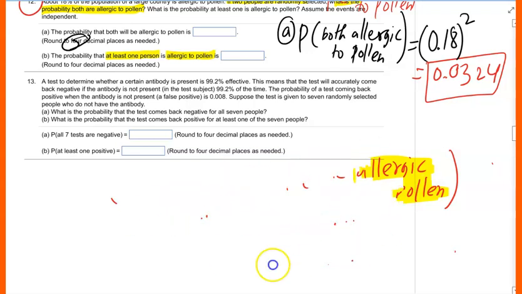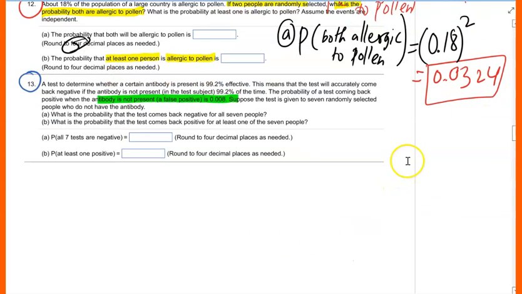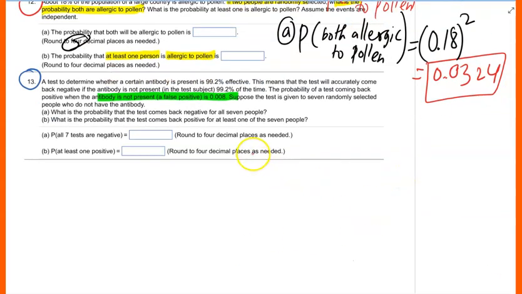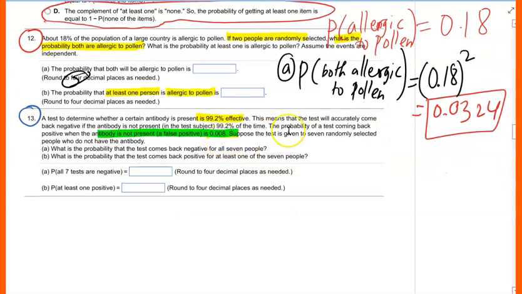Okay, question number 13 is similar to question number 12, and I just want to do it real quick here. There are 2 probabilities here. One is 99.2%, another is 0.8%.